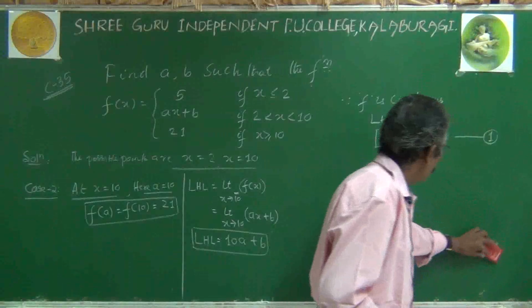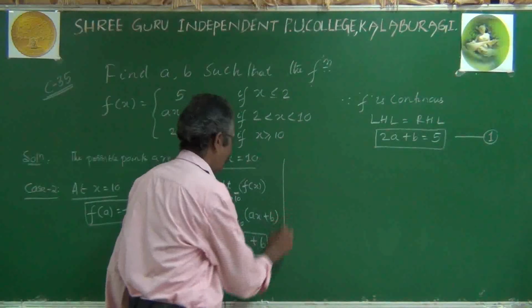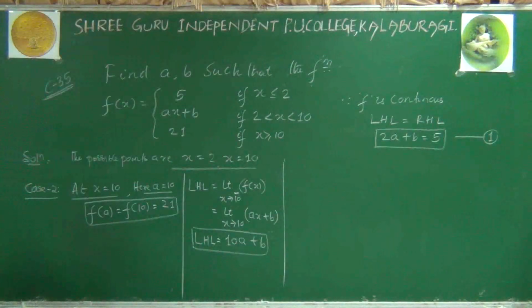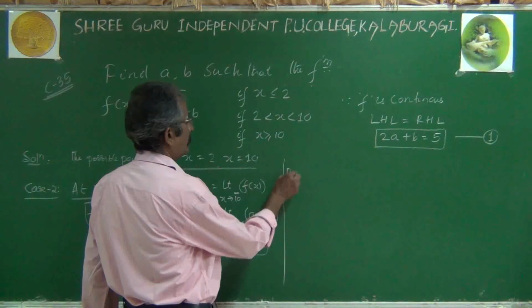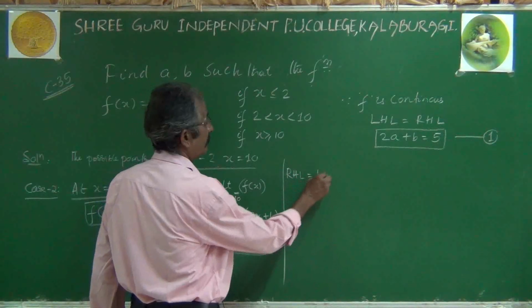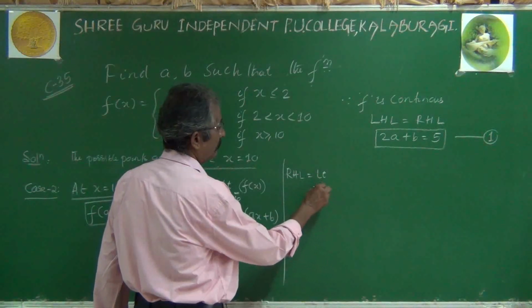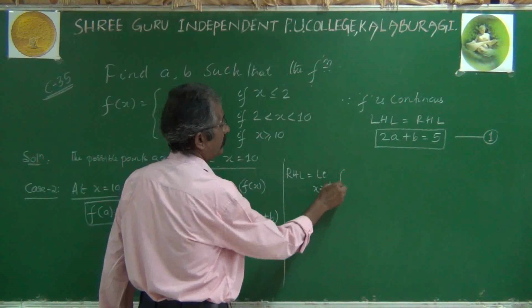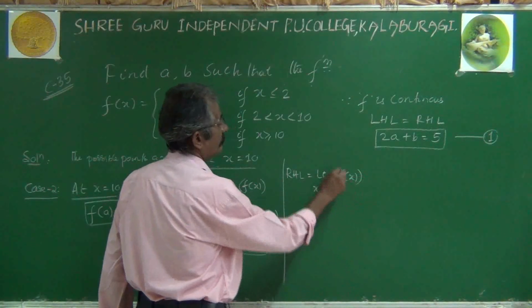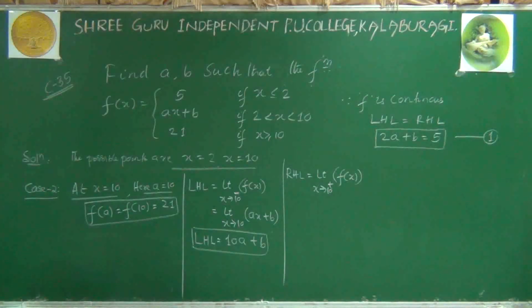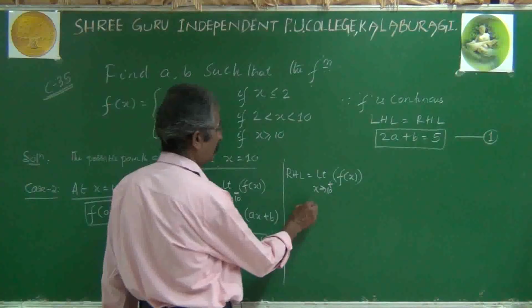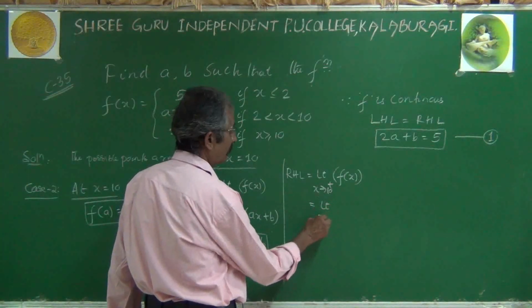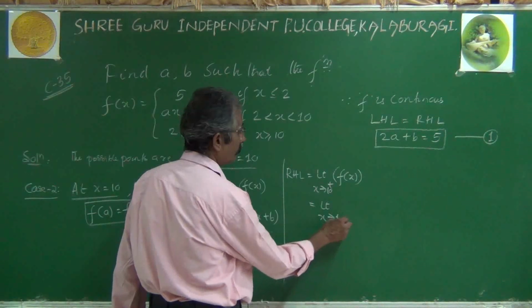We also find the right hand limit. Right hand limit equals limit x tending to 10 plus f of x. What's the meaning of 10 plus? More than 10. When x is more than 10, function value is 21. So limit x tending to 10 of 21.